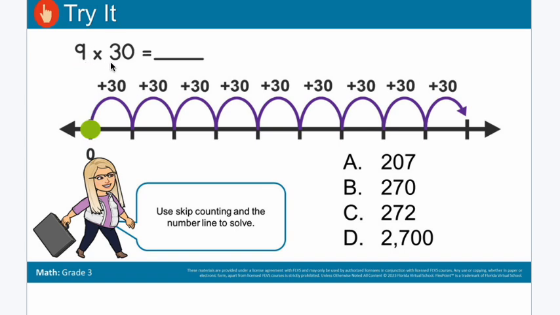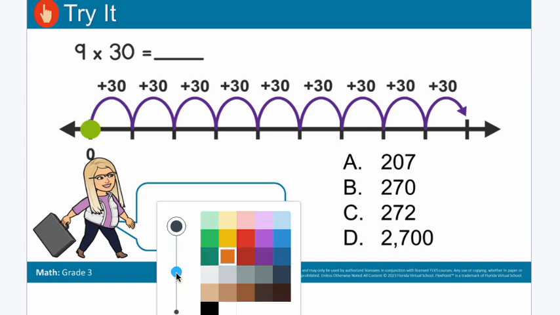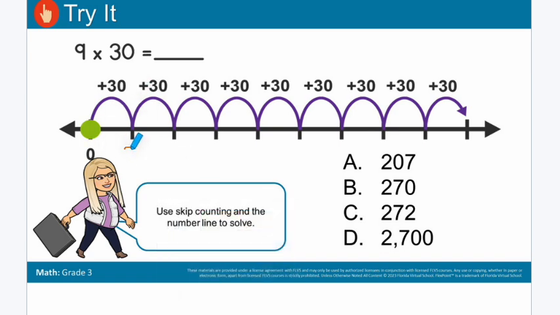This is saying 9 groups of the number 30. So I can use skip counting to help with this one. I know 1 group of 30 is 30. If I add on 30 more, I'm going to get 60. 60 plus 30 is 90. 90 plus 30 is 120. 120 plus 30 is 150. 150 plus 30 is 180.